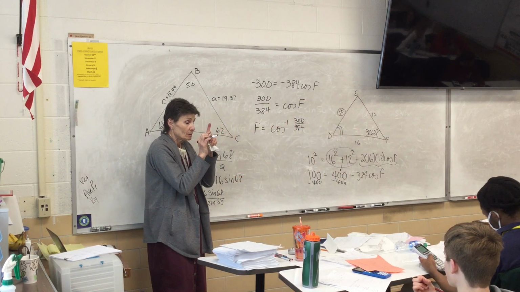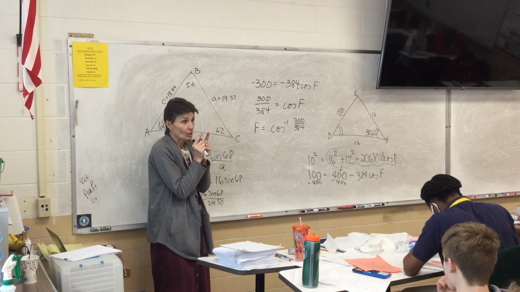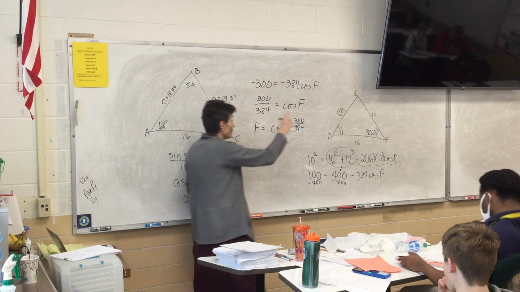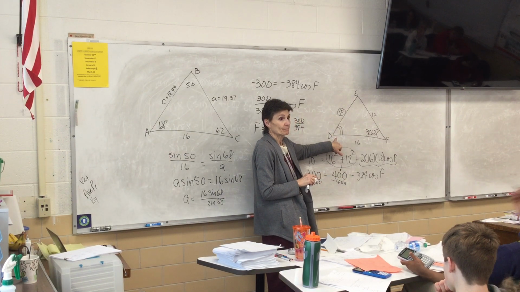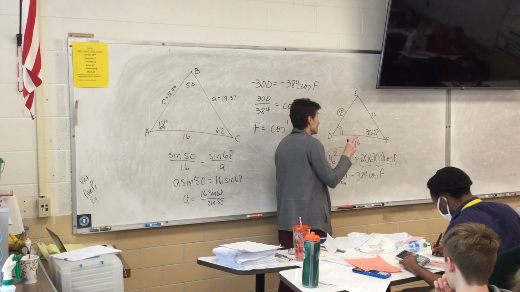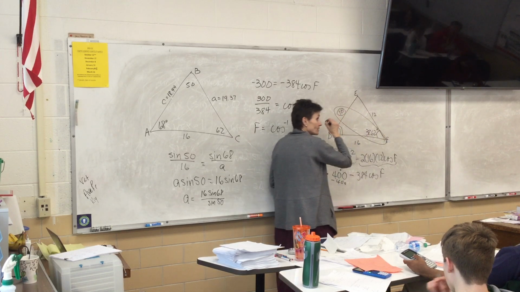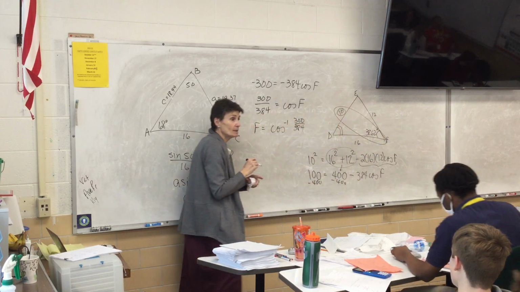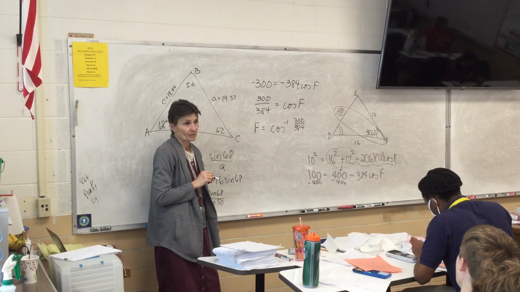Now, if you're a law of cosines lover, could you do everything I just did for angle D? You absolutely could. But since you now have a pair, could you do the law of sines if you'd rather do the law of sines? Yes.